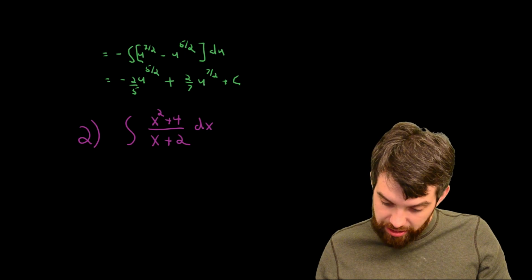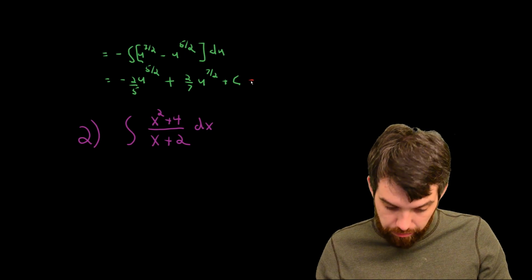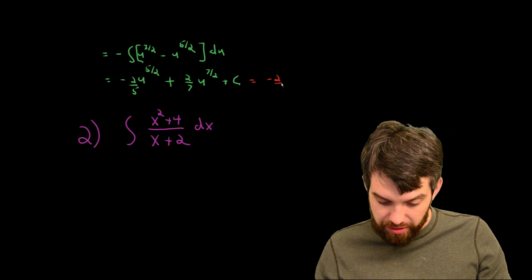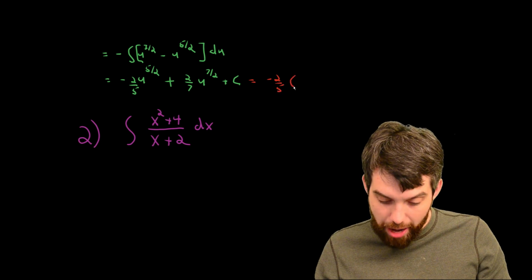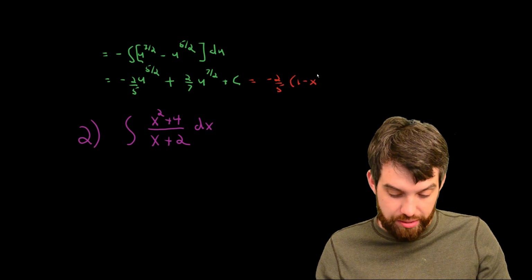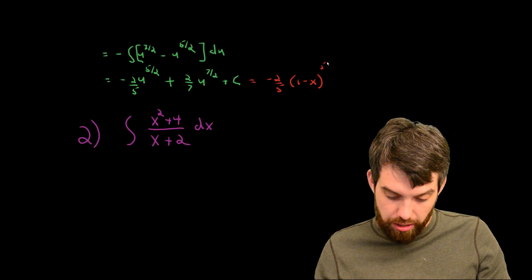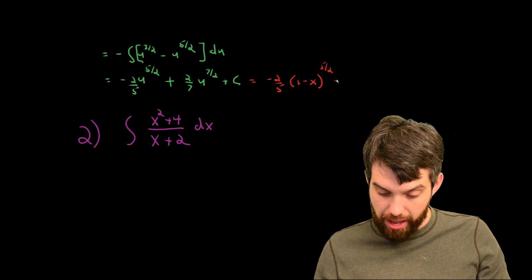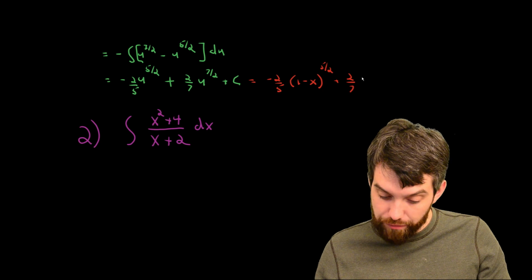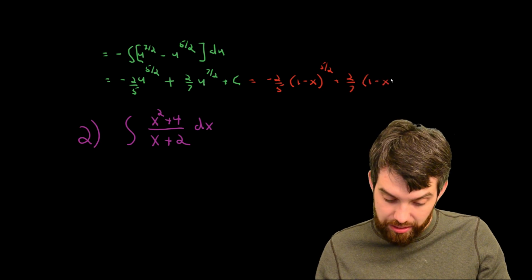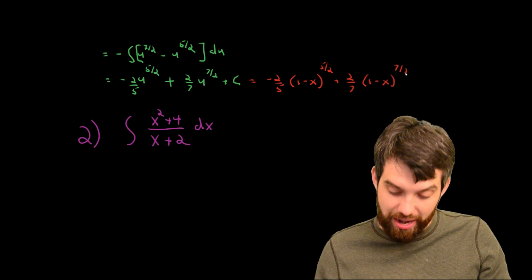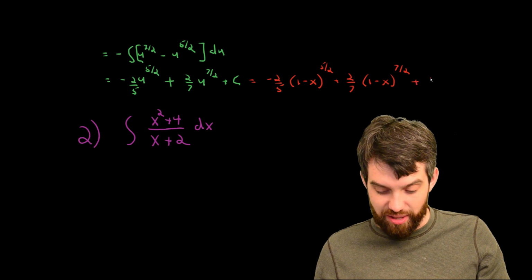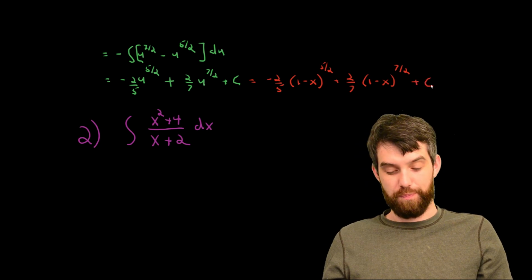It's that this is going to be equal to minus 2/5. And in place of u, I put in the 1 minus x, which was our definition of u, to the 5/2. And then 2/7. And in place of u, I put in 1 minus x to the 7/2. And finally, the all-important plus c.